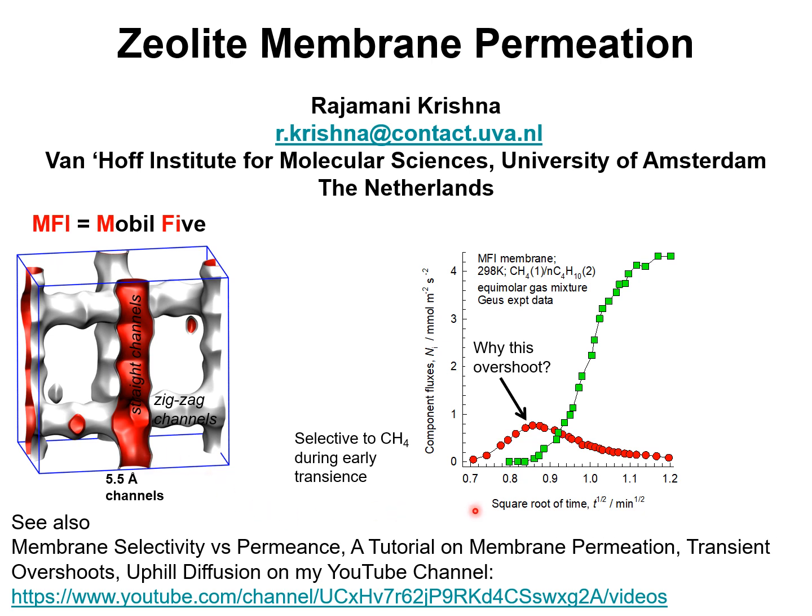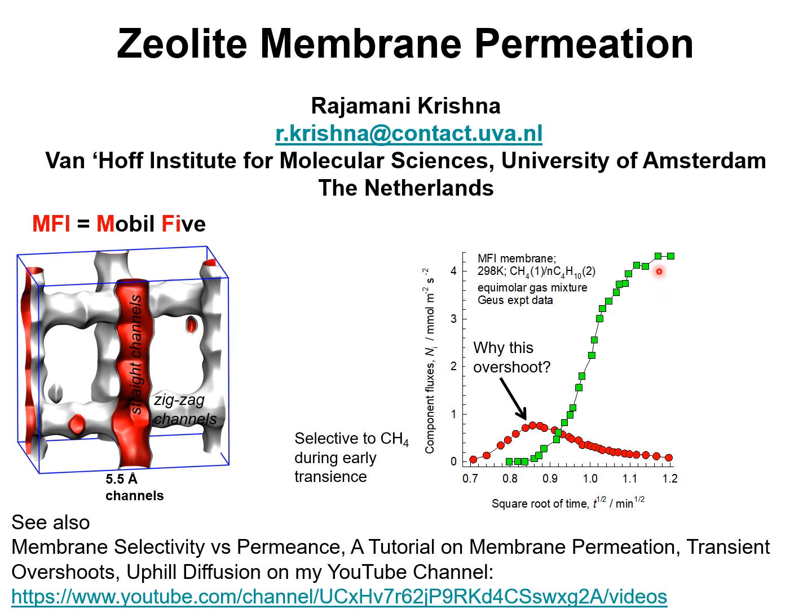What is remarkable about these experimental studies reported by Hexane is that during transient permeation, methane exhibits an overshoot in its component flux before it reduces in value to the steady state flux.